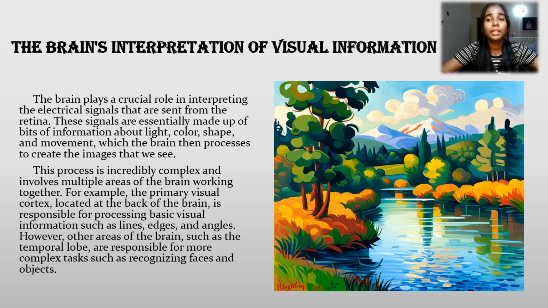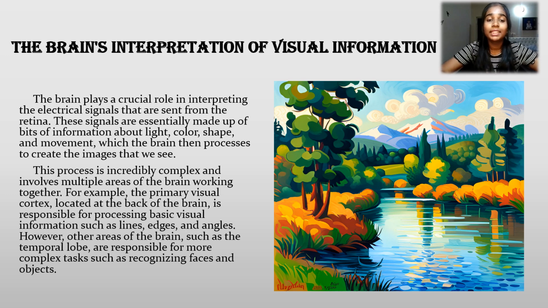The brain's interpretation of visual information. The brain plays a crucial role in interpreting the electrical signals that are sent from the retina. These signals are essentially made up of bits of information about light, color, shape, and movement, which the brain processes to create the images that we see.